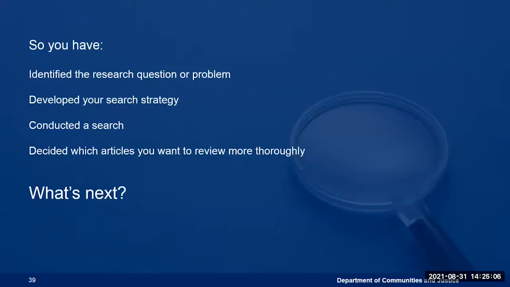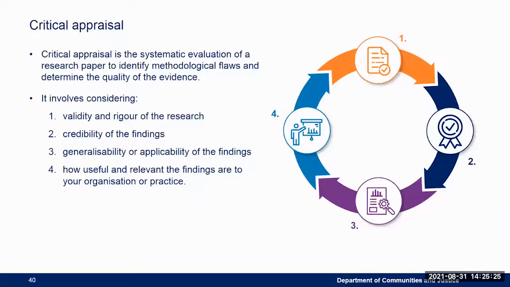What's next is probably the most critical part of this, and it's the critical appraisal part, looking at what you've got and whether you want to use it. You're really looking at whether or not it's good enough quality to rely on with your program design or working with your communities and your clients.